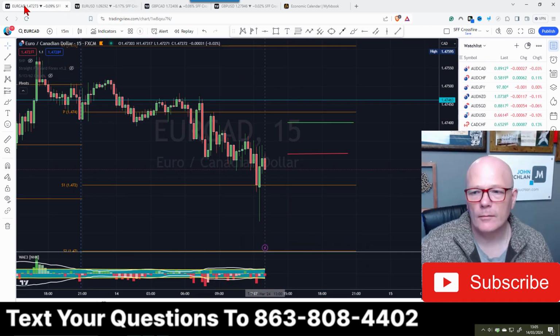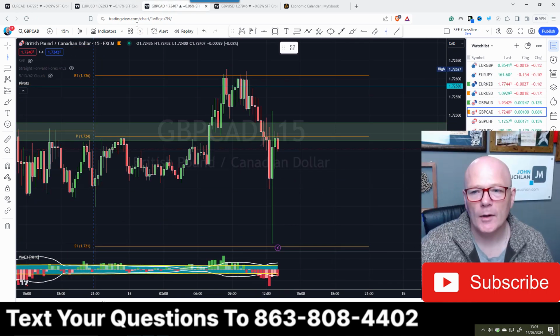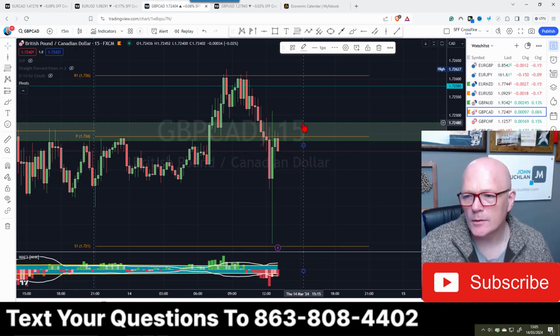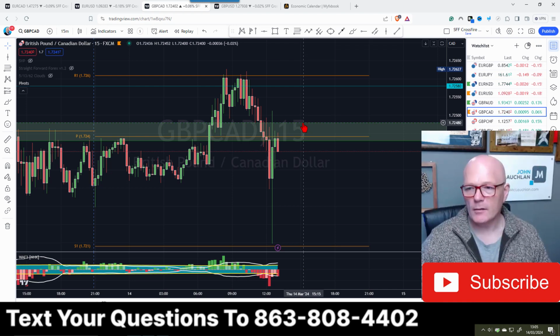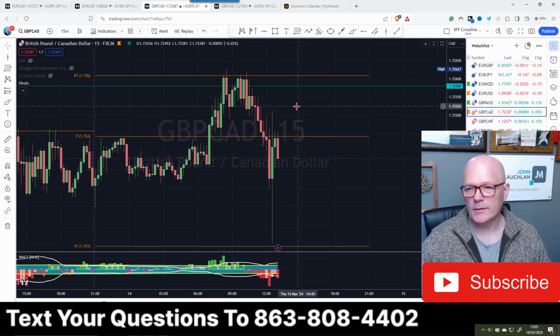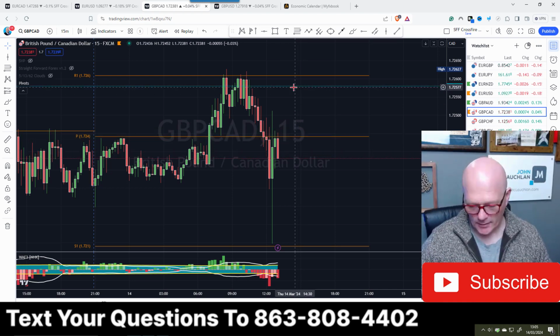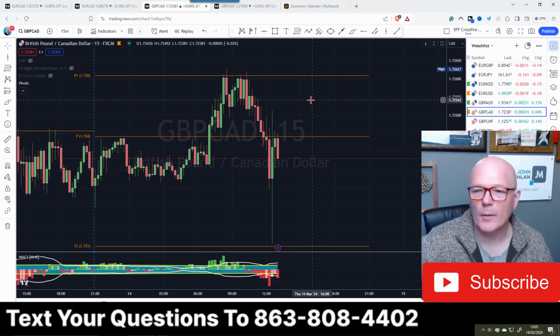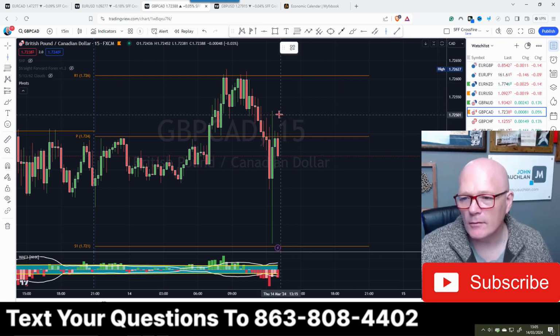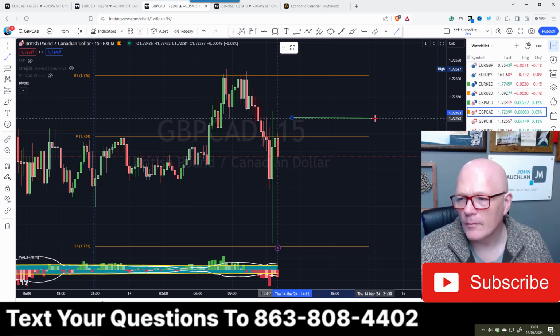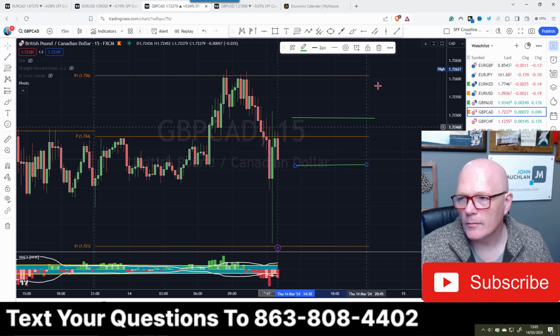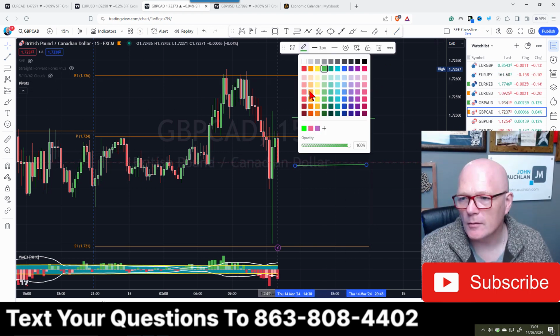There we go. Right, GBP CAD will take off that previous area of imbalance, and we'll take off this area of interest as well. Okay, right, lines on. So we'll change this one for red.